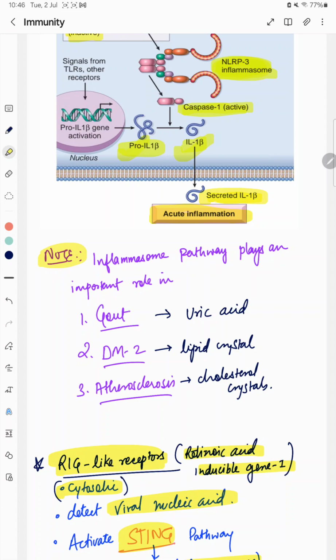The inflammasome pathway plays an important role in gout by sensing uric acid, and in diabetes mellitus and atherosclerosis.